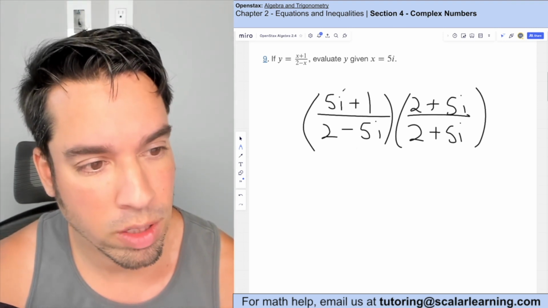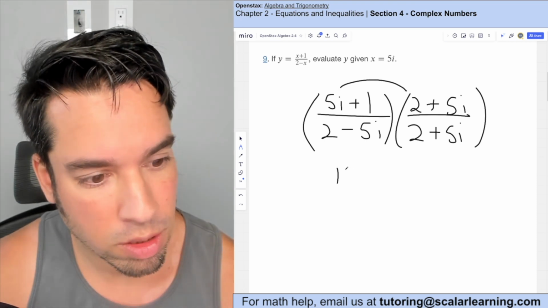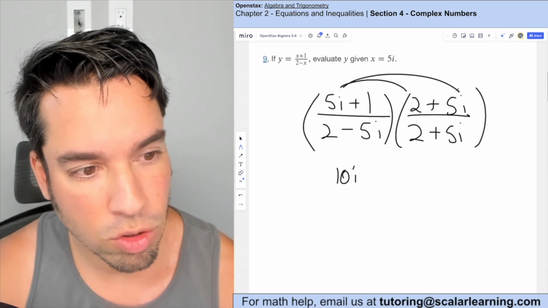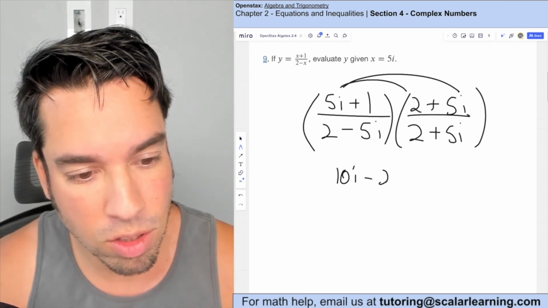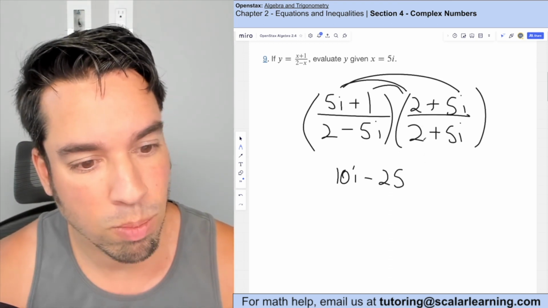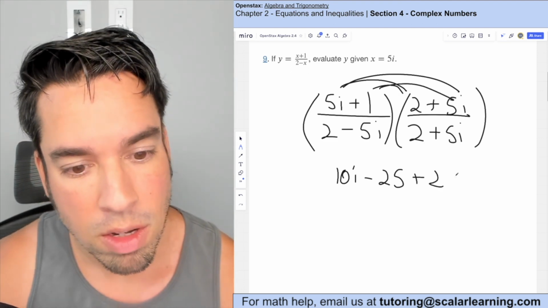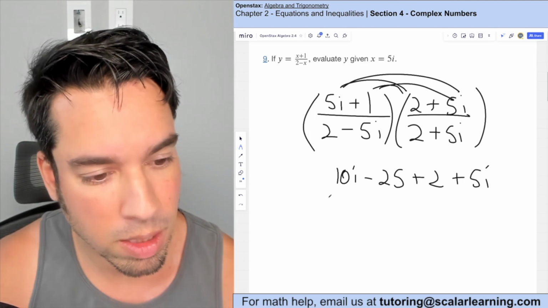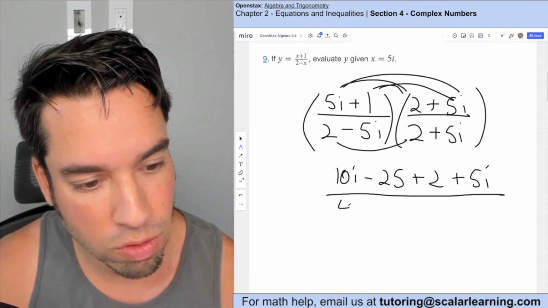So now we're going to do our foiling. So we've got 5i times 2, which is 10i plus 25i squared. Again, the i squared is -1, so it's minus 25. And then plus 1 times 2, which is 2, plus 1 times 5i, which is 5i. We'll combine like terms in a second. Then on the denominator, we've got 2 times 2, which is 4.